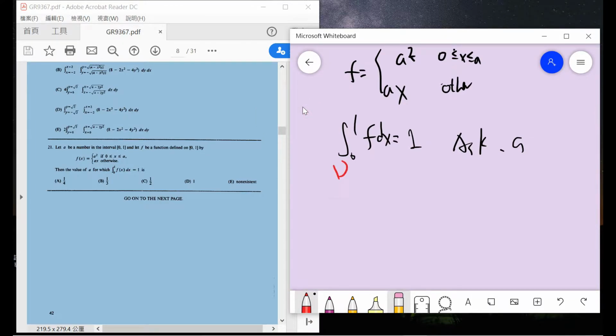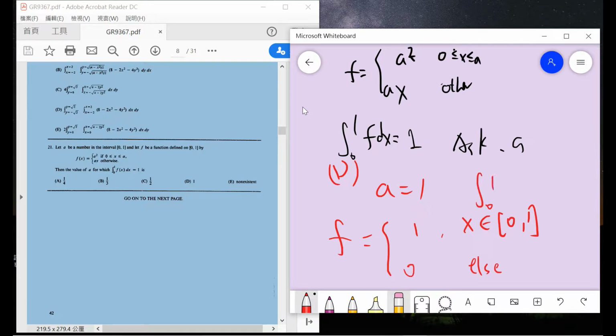But for example, in D, when A equals 1, you can directly see the answer, because the result is 1 when x is in the closed interval 0, 1, else it is 0. So basically, from 0 to 1, this is 1, right? So the answer is D.